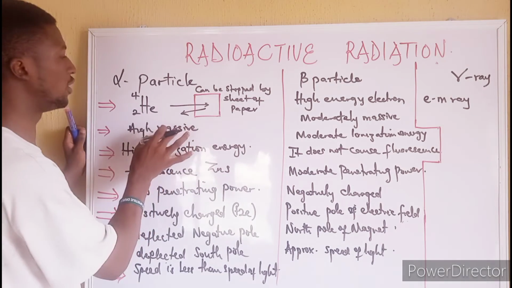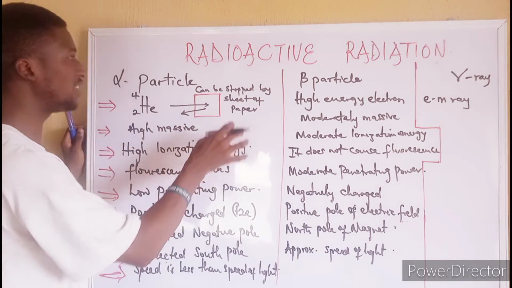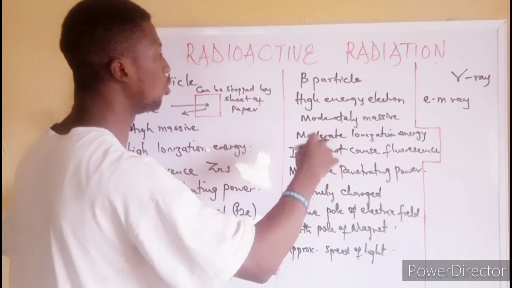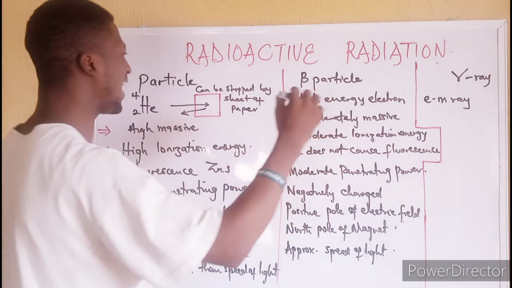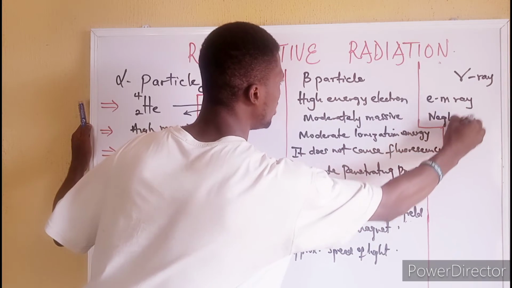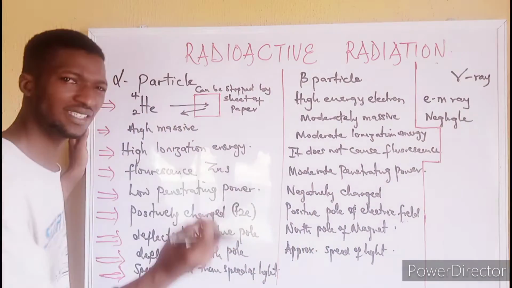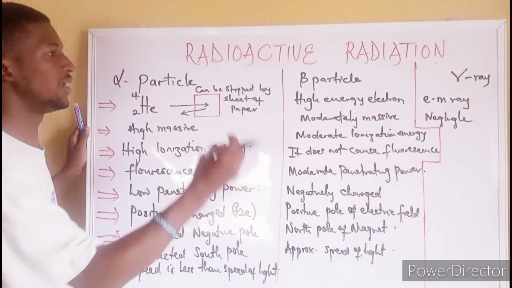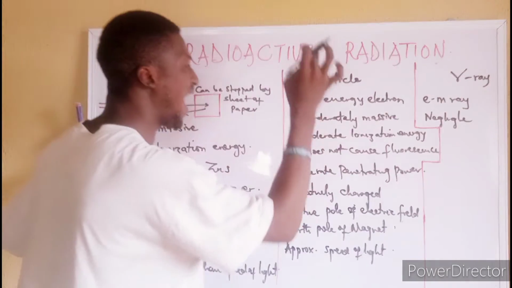Now we move to the mass. With respect to alpha particle and beta particle, the gamma ray has negligible mass. The mass is so small that it cannot even cause ionization.